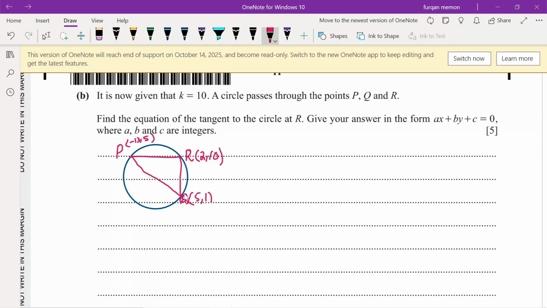This is the circle which passes through all three points of the right angle triangle, and we need to find the equation of the tangent to the circle at R.